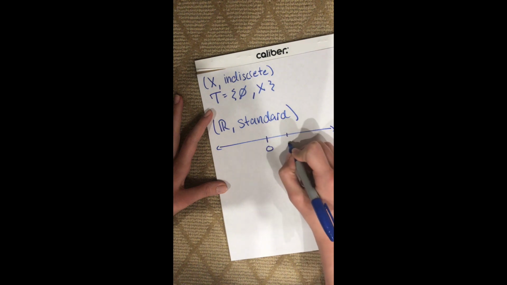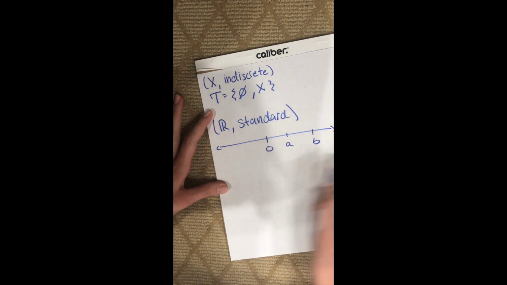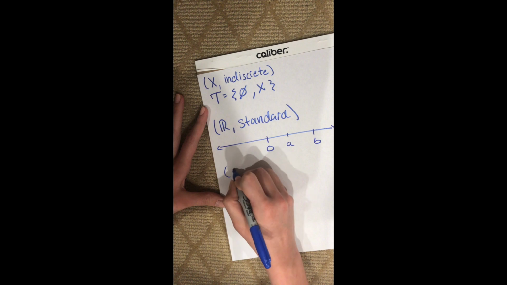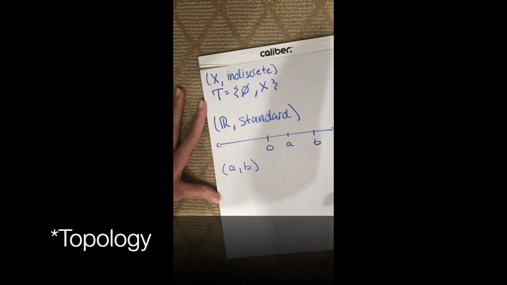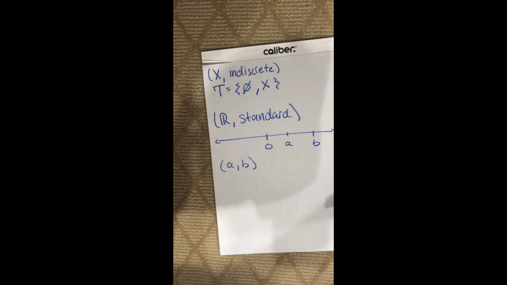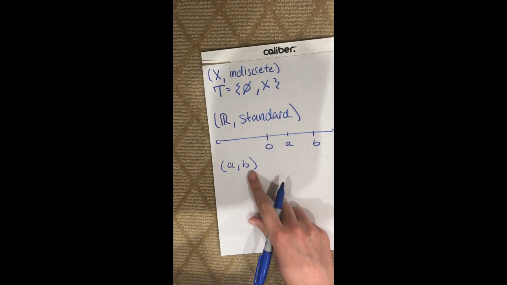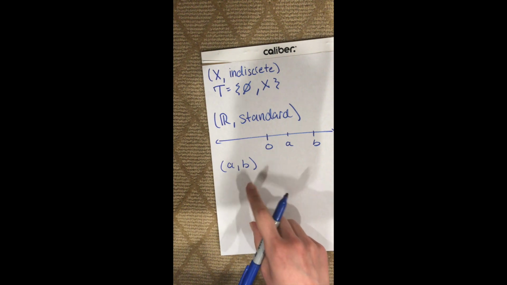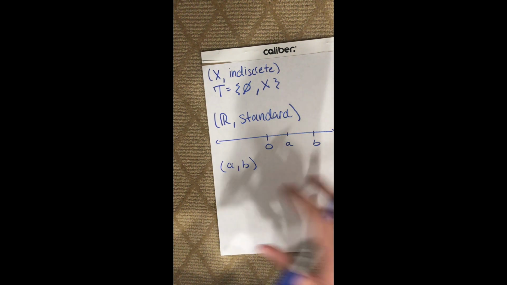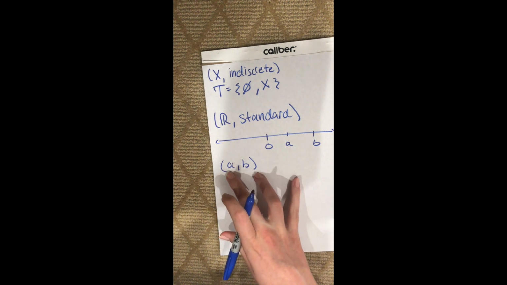We have 0, and let's say we have A and B. We want to know if (A, B) is in our topology, so what we need to do is check that for every point in here we can draw an open interval around that point and have that open interval be completely contained inside this set.